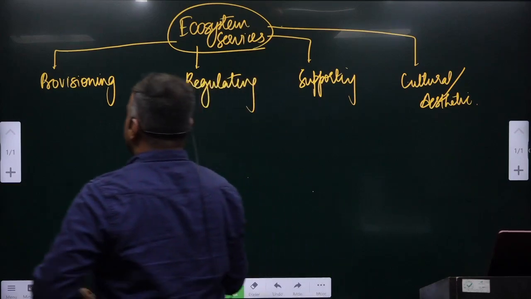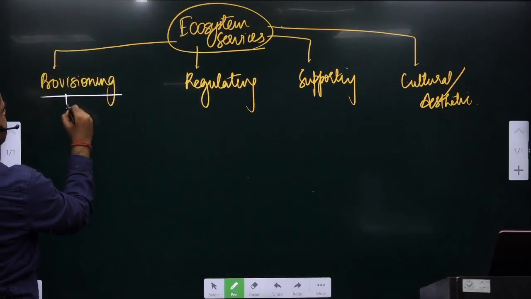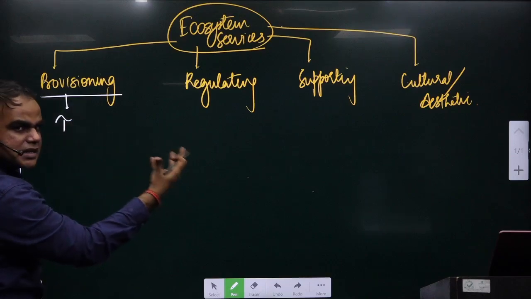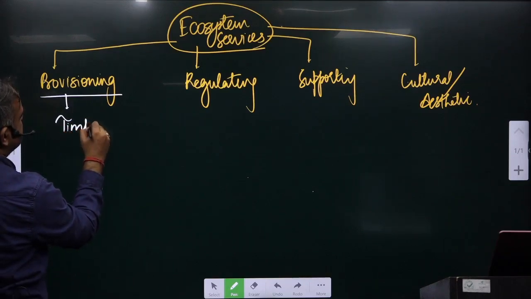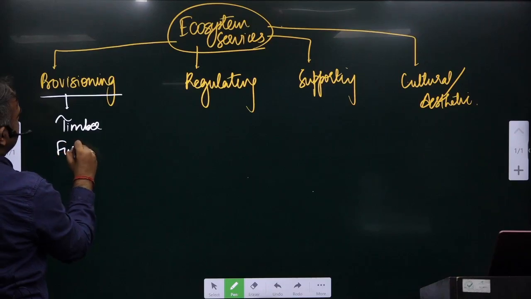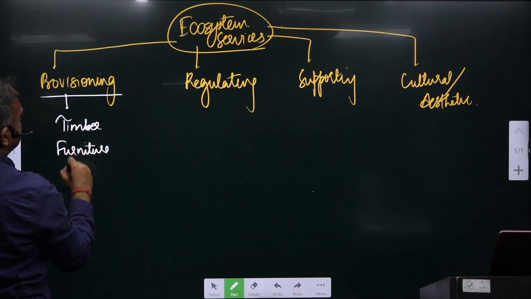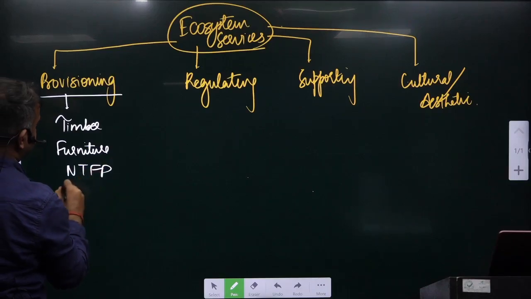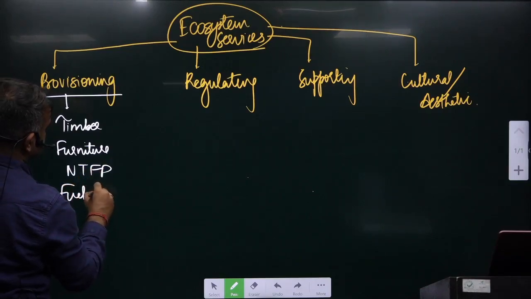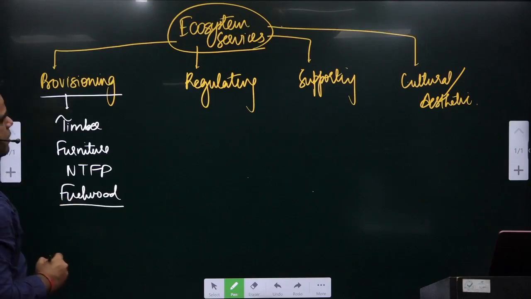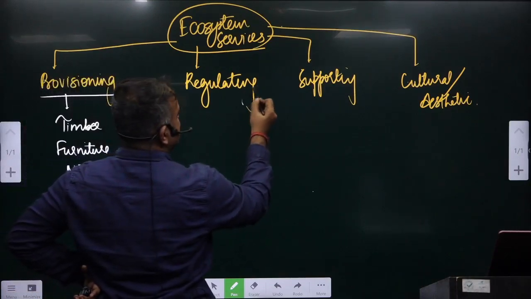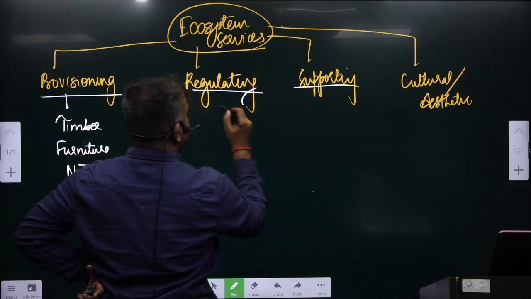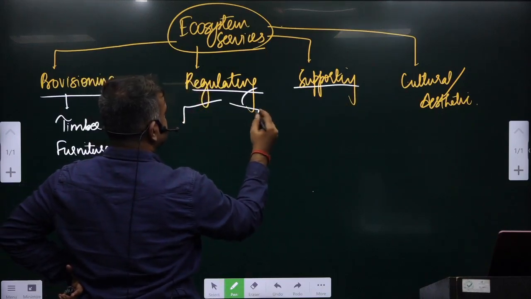Okay, provisioning simply means to provide for. What can the trees etc. provide to us? They can provide us timber, they can be used for furniture, for example. They can give us non-timber forest products, again used for fuel wood. Okay, again there will be certain regulating and supporting services.